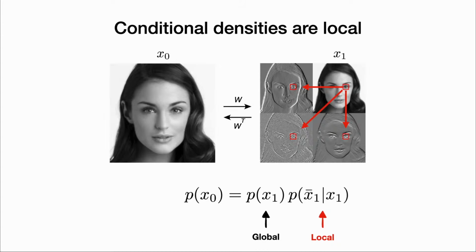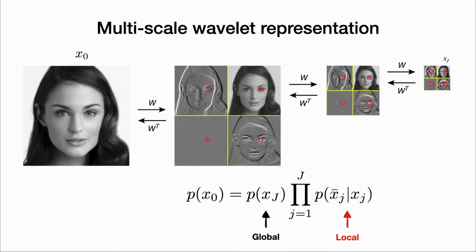Basically, we assert that the density of the coefficients of the details in this small neighborhood is independent of the rest of the grid if you condition on this small neighborhood of the low pass. So we are asserting that these conditional densities are local. That's good, and it reduces the dimensionality of the joint density a lot. However, the global density, the density over the low pass image, is still global, and this image is still pretty large. But that's not a problem because we can do this operation recursively.